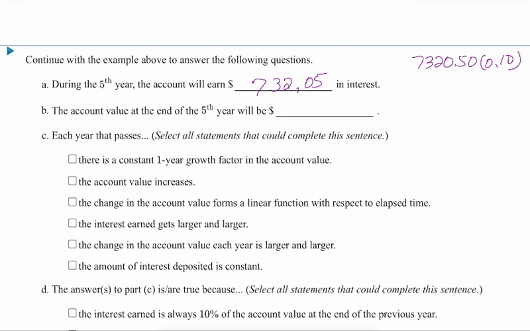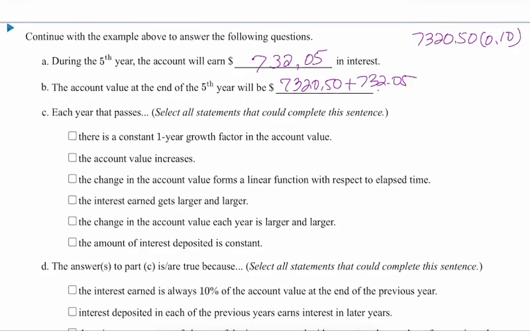Okay, so the account value at the end of the 5th year, because we are going to add that interest on, just add those two numbers together. You probably could even just tell iMath that original amount plus 732.05, and it'll do the math for you.